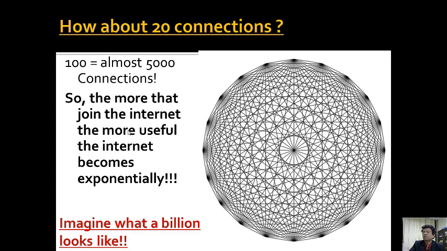The number of connections is too much. If you have 100 nodes, almost 5,000 connections. So the more that join the internet, the more useful the internet becomes exponentially. The internet becomes more useful as we connect more and more devices. Imagine what a billion net connections look like.